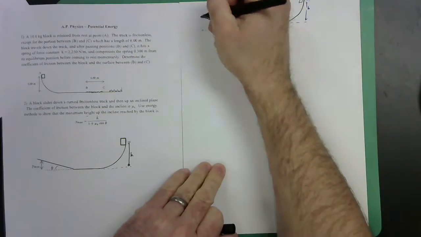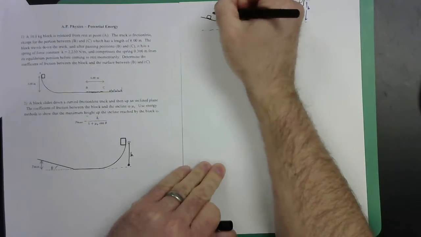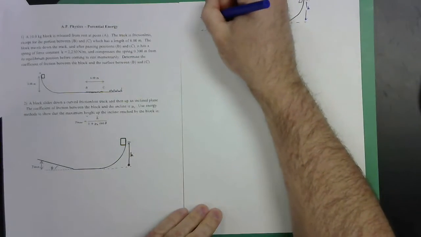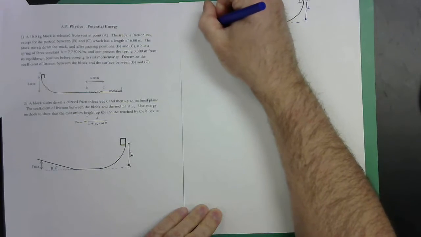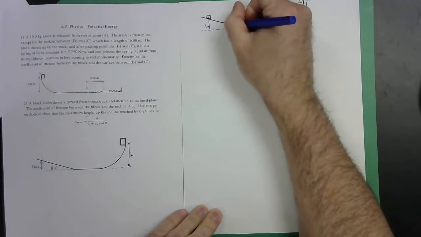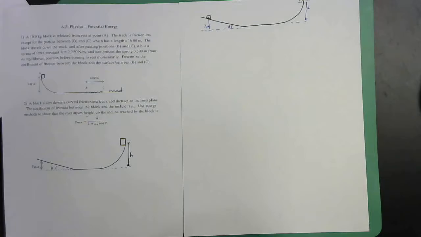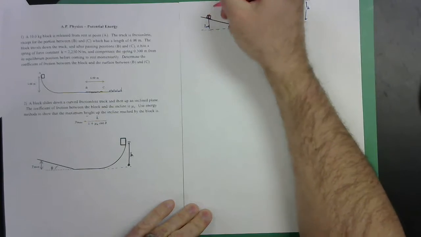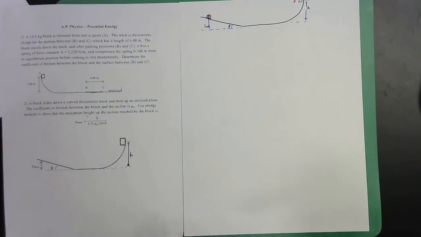Again, we are always choosing a starting and ending location for our problem. In this, we're going to do an energy calculation. We've got a start point and an end point. We are going to go from here to here.